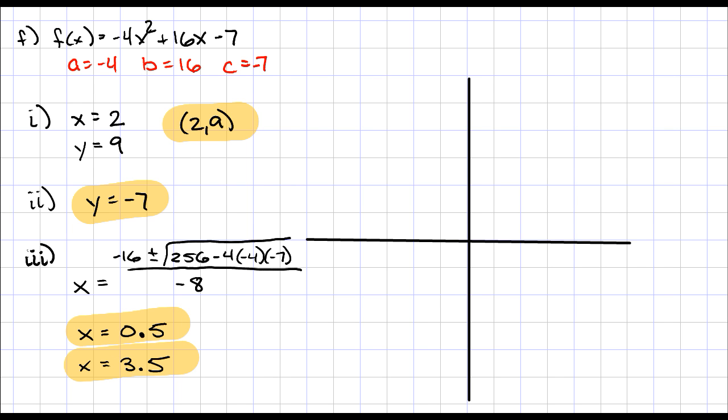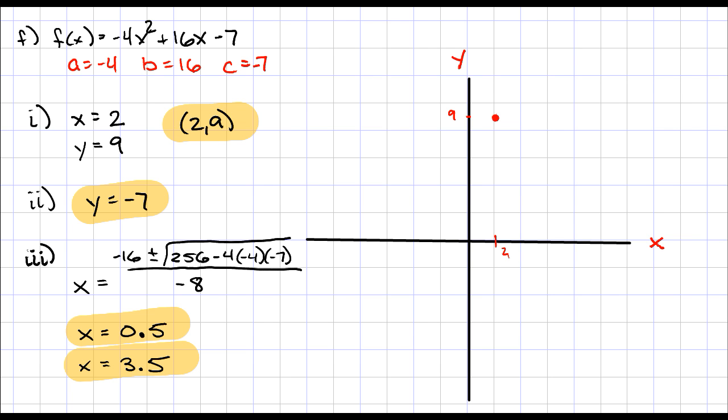And putting all this together in a graph, which we certainly could have been doing as we went along, the vertex is at 2, 9. To make sure it all fits on here, let's use this as 2. So 9 would be right here. So there's our vertex.